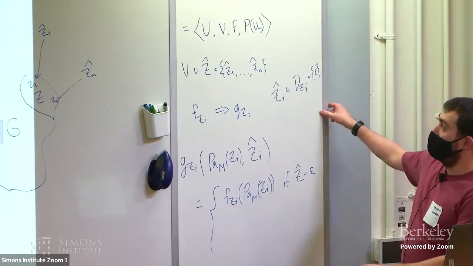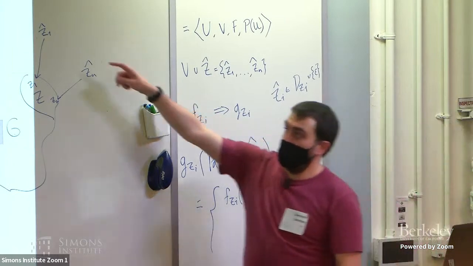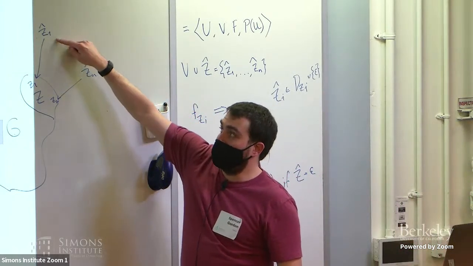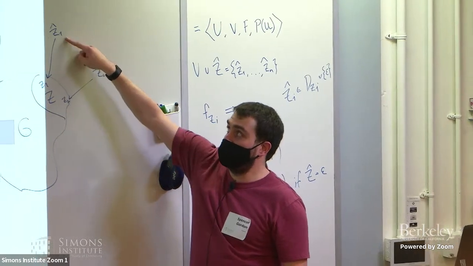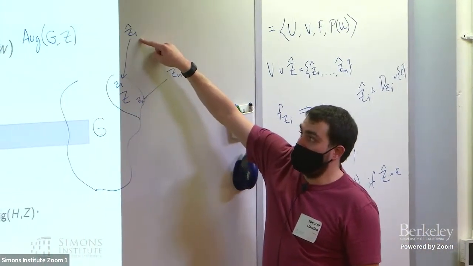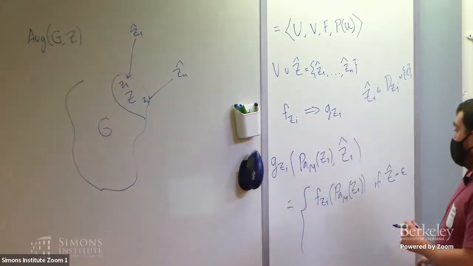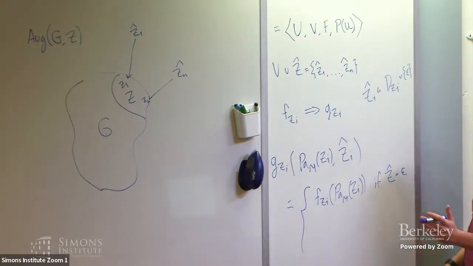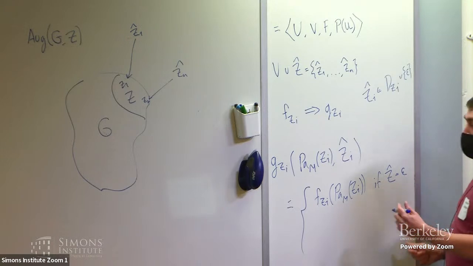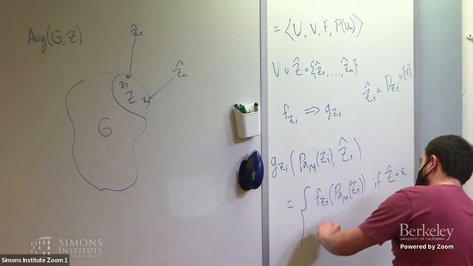So if this additional variable, which is some new input attached just to zi, is set to epsilon, then zi does whatever it did before. And if zi hat is not set to epsilon, then zi just adopts the value of zi hat.